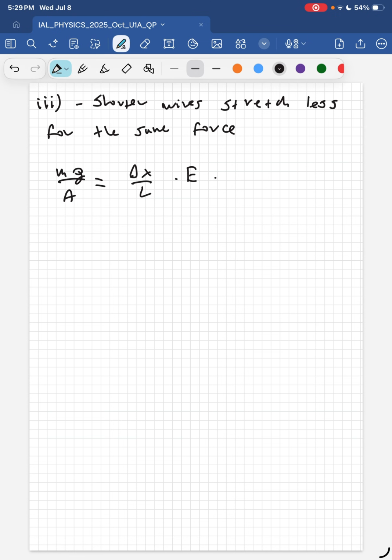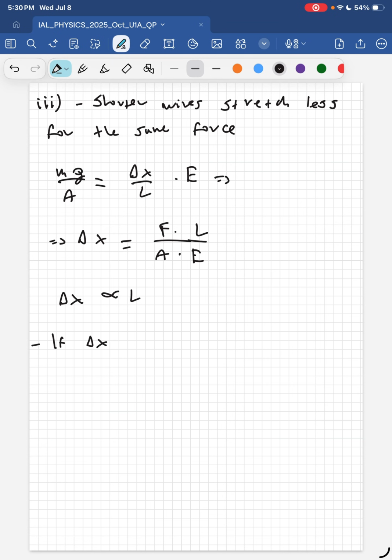So if we solve for delta x, we have that delta x is equal to force times length over cross-sectional area times the Young modulus. So delta x is proportional to the length. So shorter wires stretch less for the same force.